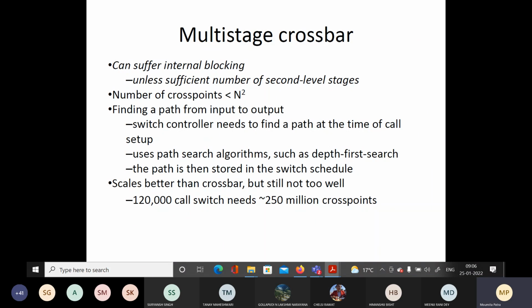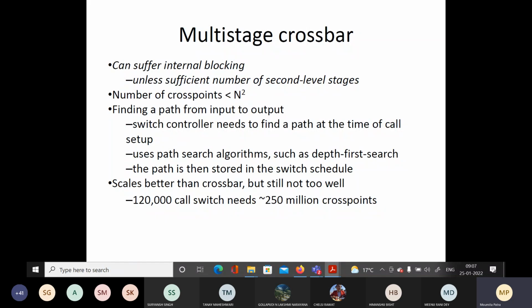So every time there is an input, path search algorithms have to be executed by the switch controller to find the corresponding output port. We can store the path in the switch schedule, but there will still be scenarios, because we do not have any control on the input as of now. So that is the problem that we have for multi-stage crossbar switches.